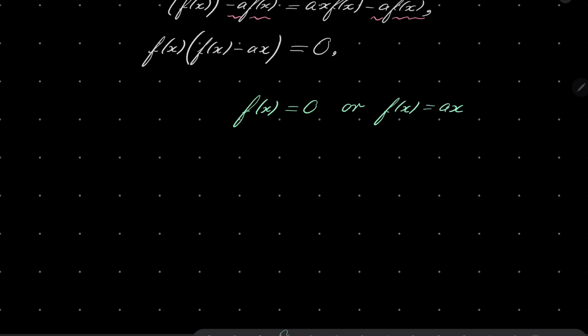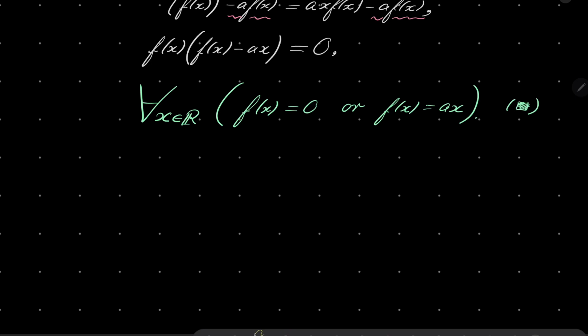And let me be very clear, for every real number x, either this is true or that is true. I'm not saying that our function is constantly 0. I'm not saying that our function is ax for every x. No, for every x, one of these two possibilities is true. Let's call this condition square.